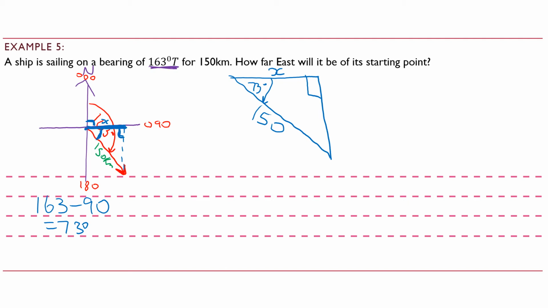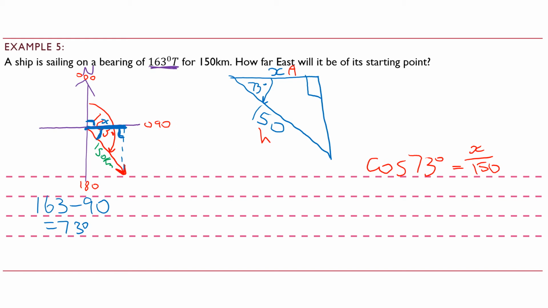Now, we have a triangle, we have a missing side, and an angle. We can use trigonometry to solve. If we're labeling our sides, we have our hypotenuse and our adjacent side, which means it's going to be cos. Cos of theta, or 73 degrees, equals a, which is x, over h, which is 150.